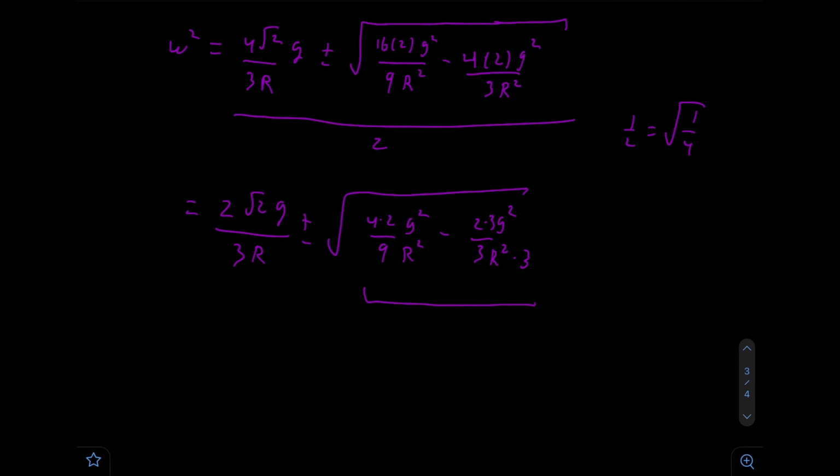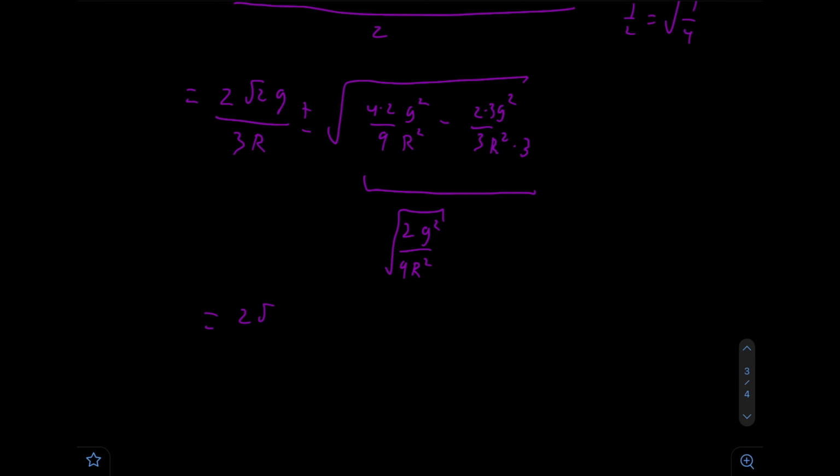So that will give us, right, 8 minus 6. So that's 2 g squared over 9r squared, square root. So this ends up being 2 root 2 g over 3r plus or minus the square root of 2 g over 3r.